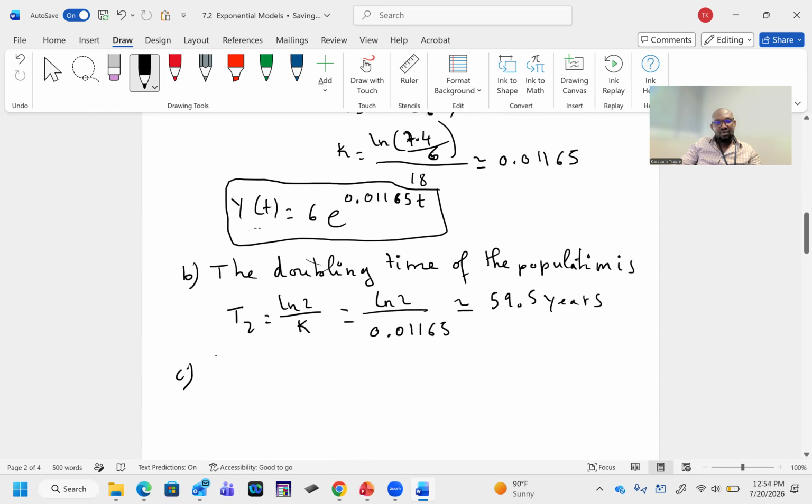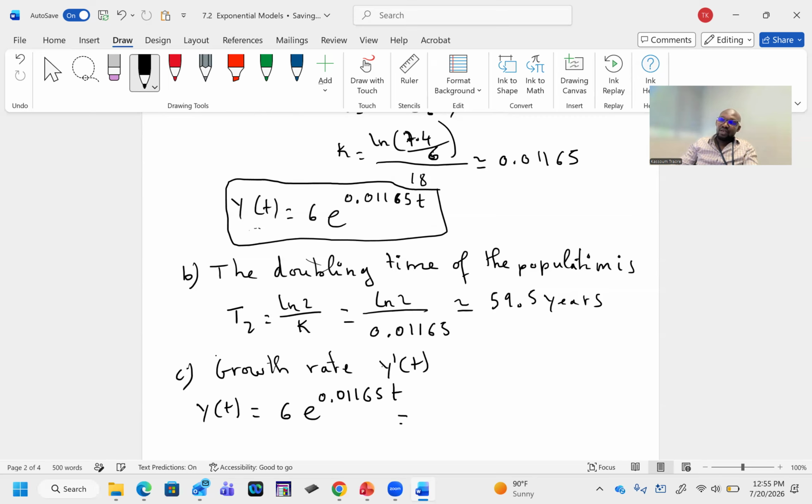So growth rate y prime of t. So we know y(t) is given as 6 e to the power of 0.01165t.